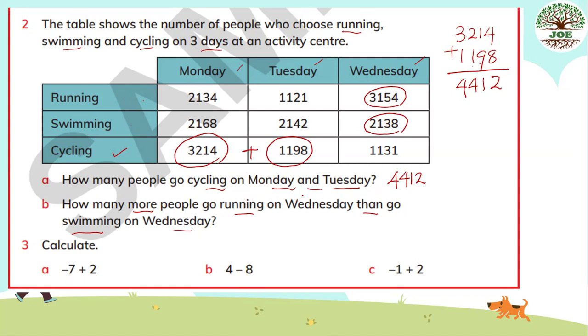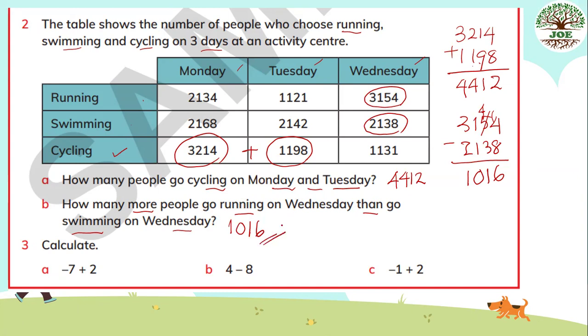We have to find the difference between them. 3,154 minus 2,138. 14 minus 8 is 6. 4 minus 3 is 1, 0. The answer for part B is 1,016 more people go running. This is the answer for part B.